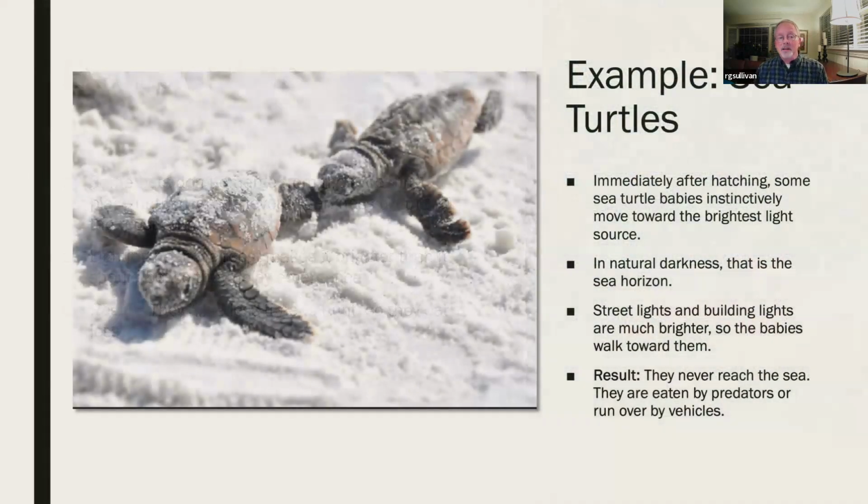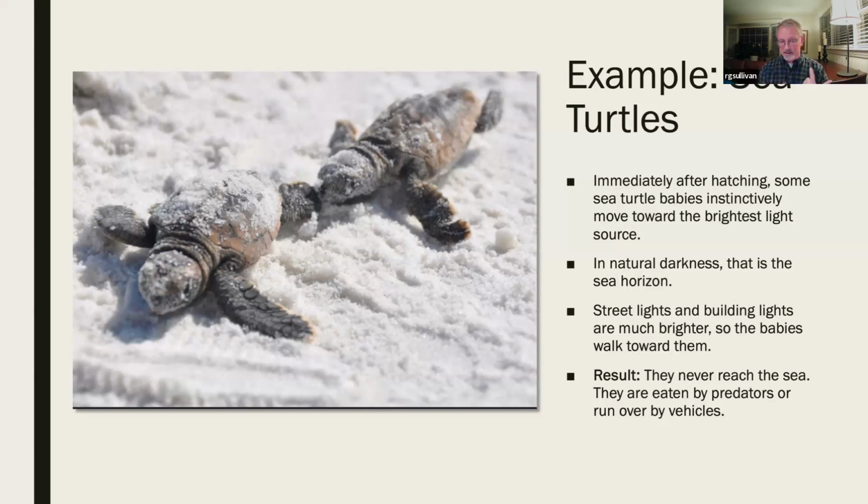Sea turtles are an example that I'm sure some of you at least are familiar with. In certain species, the mother lays eggs in a hole scooped in the sand at the beach, and she goes away back into the ocean. These eggs incubate, they hatch pretty much all at the same time.